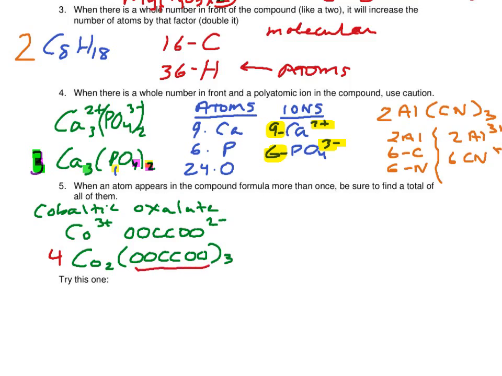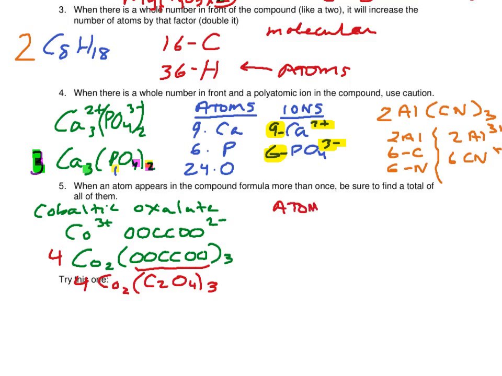So I look at that and I see 2 carbons and 4 oxygens. And then that, of course, is still multiplied by 3. And you have your cobalt in the front with a 2 subscript, and then your coefficient of a 4. And by breaking it down like that into its bits, it gets a lot easier.